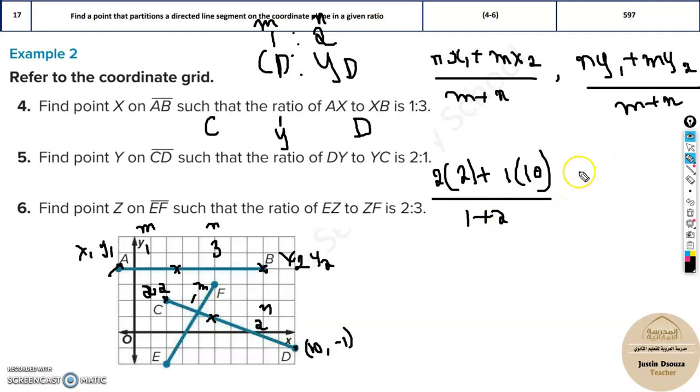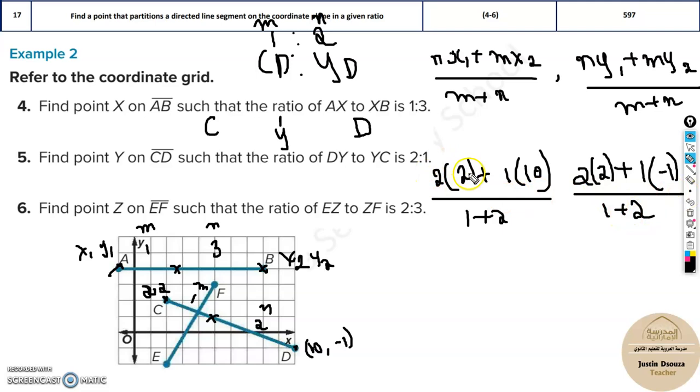Now the same thing with the y coordinate: 2 times y1, which is 2, plus m, which is 1, multiplied by y2, which is minus 1, divided by 1 plus 2.